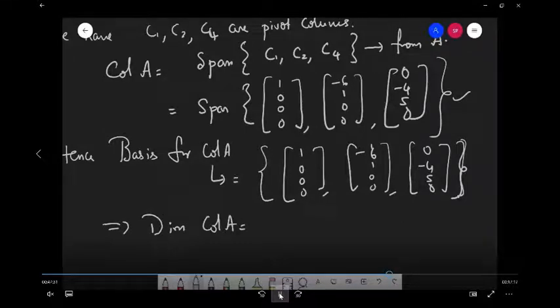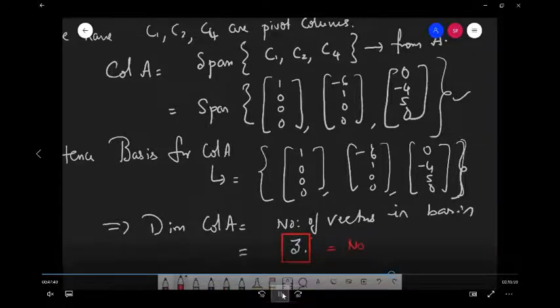The dimension of the column space is the number of vectors in any basis, which is 3. This is the number of basic variables in the echelon form, or the number of pivot columns.